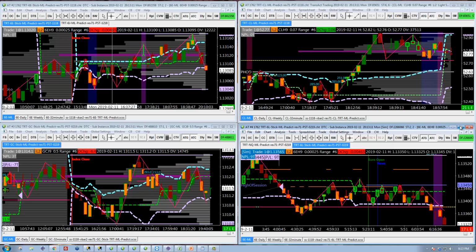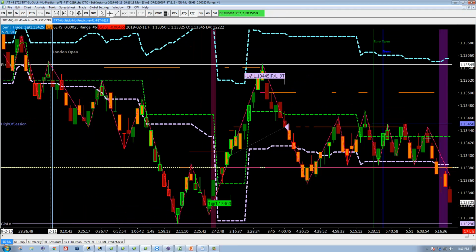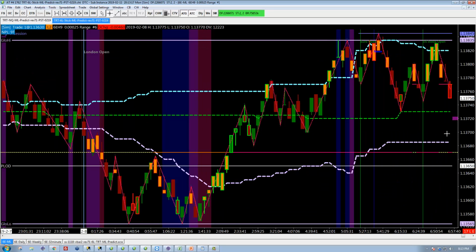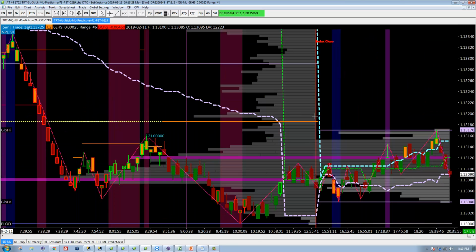The other thing we're doing in Sim also is the overnight session for the euro. So what I've done here is built a separate model that's trained just on the overnight data for the euro, and this is also running in Sim.